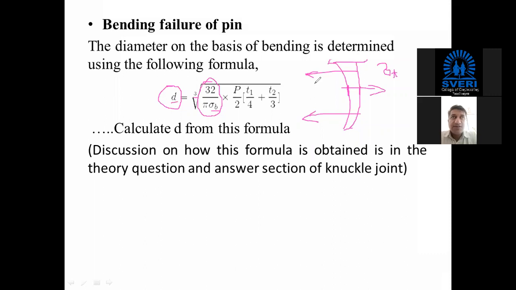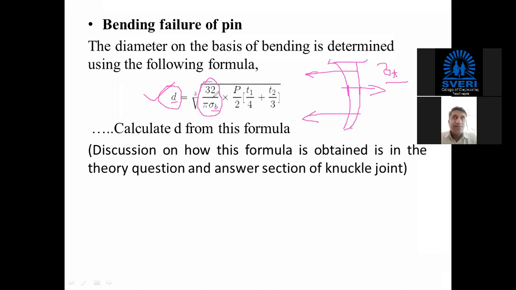Because while considering the shear failure, the diameter of the pin can be calculated automatically. You can put that value here and find out the bending stresses. If these bending stresses are less than the allowable tensile stress, then you can say the calculated diameter of the pin is suitable, we can use it.